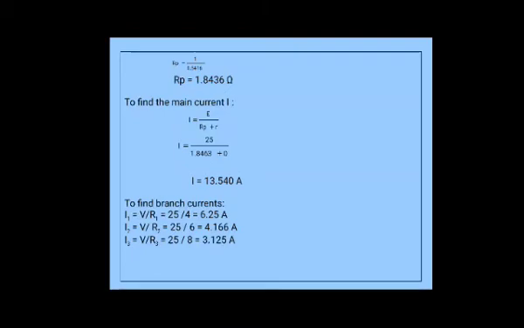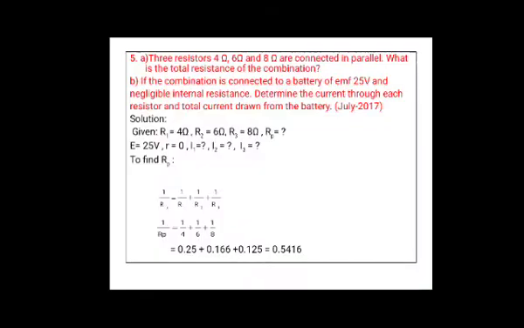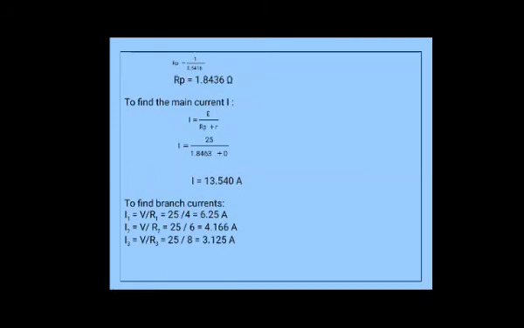So the reciprocal of that value is 1.8436 ohm. This is very important because when you are calculating parallel combination, your value is for 1 divided by Rp. You have to calculate Rp, that's why you have to take the reciprocal of it. So what is the value of Rp now? 1.8436.